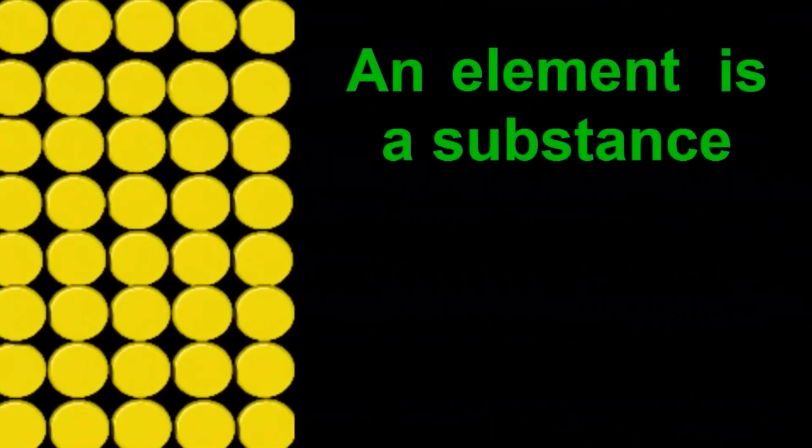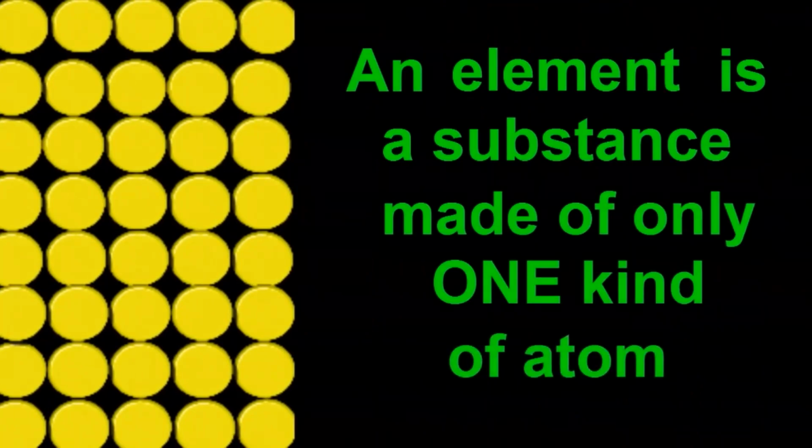An element is a substance made of only one kind of atom. Zooming back out, we see that the gold atoms become a lump of gold again. If we zoomed out from silver atoms, we'd see a lump of silver instead.